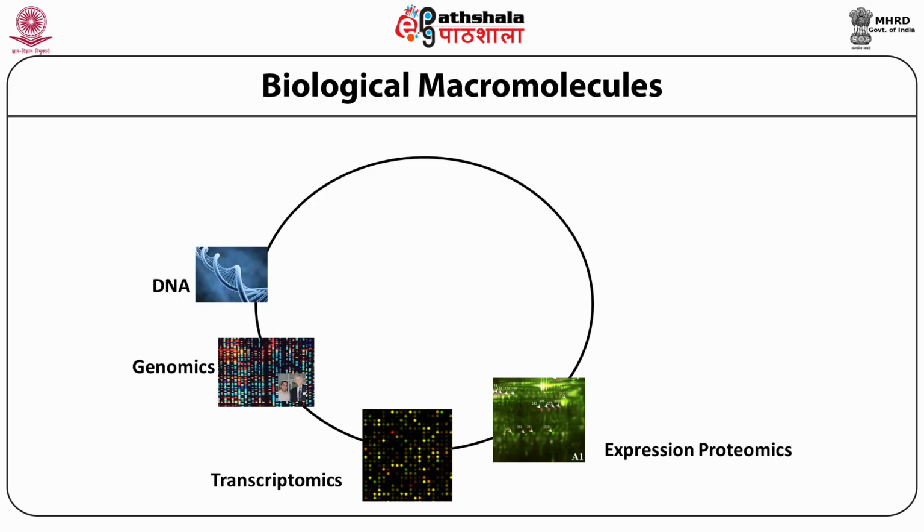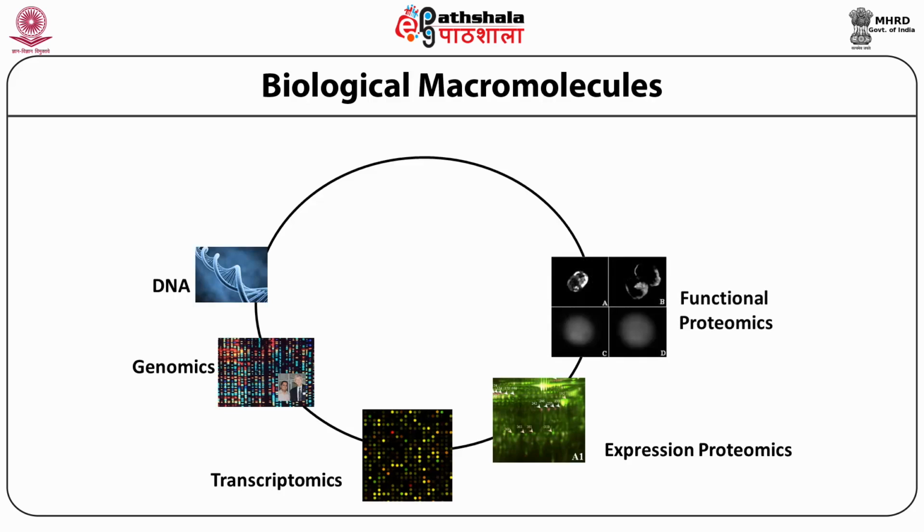Once these proteins have been understood, you go on to understand the function of these proteins and the way they function to either cause a disease or cause the sequel of a particular disease. This is called functional proteomics.